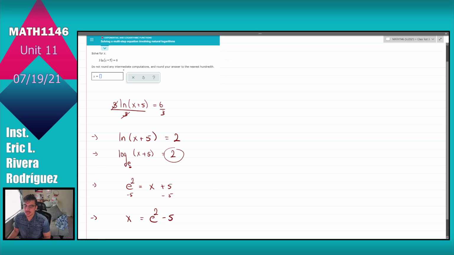This exercise says do not round any intermediate computations, and our final answer needs to be rounded to the nearest hundredth.